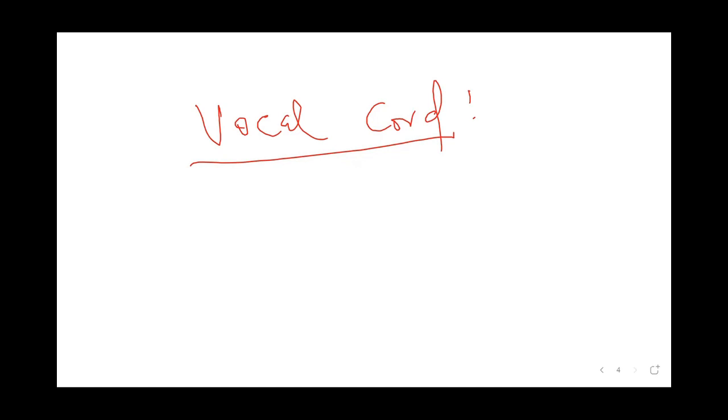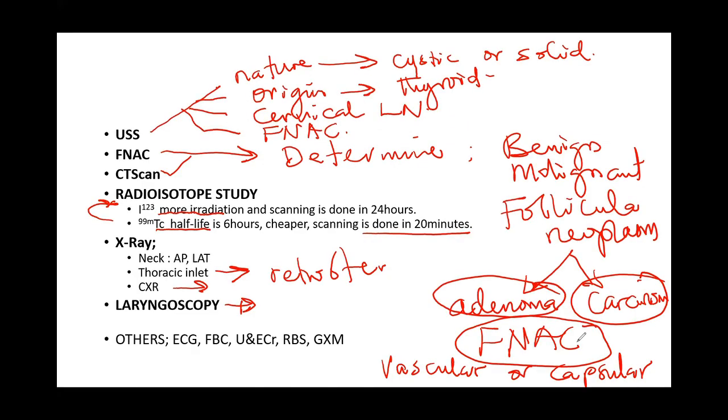Aside from laryngoscopy, other investigations you want to do will include ECG, especially for patients that are more than 40 years or patients with toxic goiter, because some patients with toxic goiter may have arrhythmias.